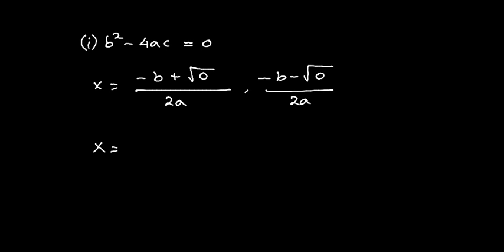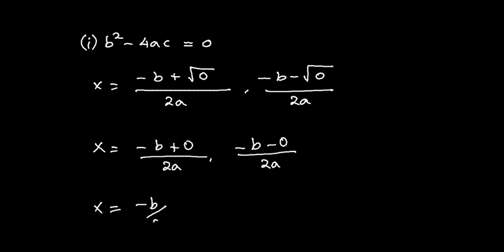The square root of 0 is nothing but 0, so negative b plus 0 over 2a, and negative b minus 0 over 2a. Positive 0 and negative 0 we don't have to consider, so we will get negative b over 2a, negative b over 2a. See the result. When b square minus 4ac is equal to 0, we get the two results, negative b over 2a, negative b over 2a. That means the two roots are same.